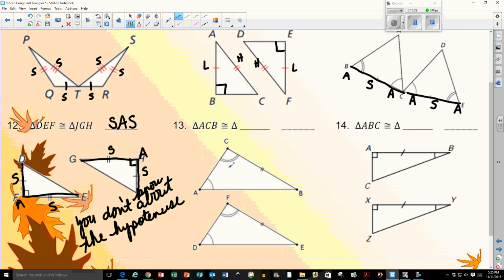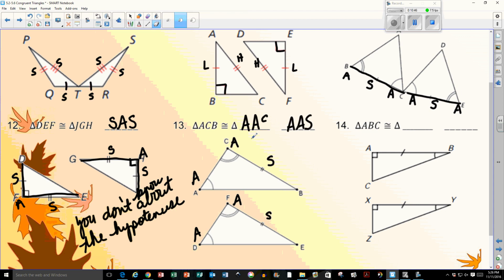All right, on this one, this side is congruent to this side. This angle is congruent to this angle, and this angle is congruent to this angle. So I have angle, angle, random side, angle, angle, random side. So these two are congruent by angle, angle, side.